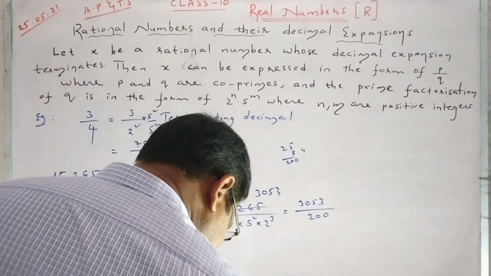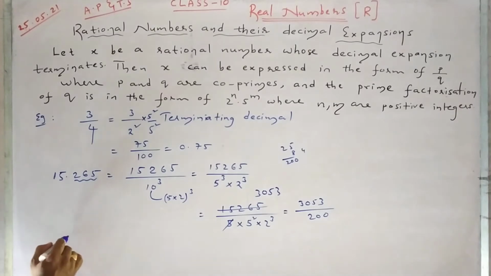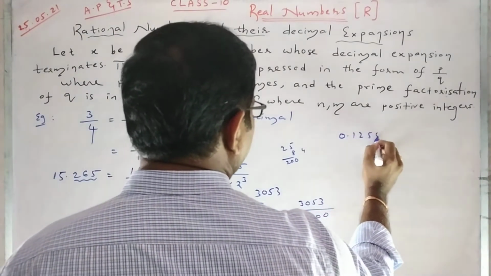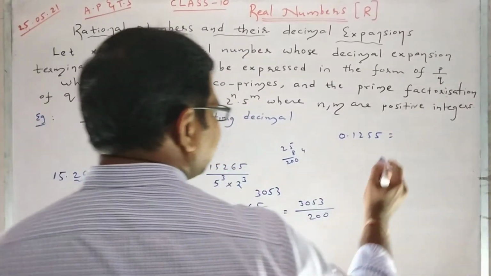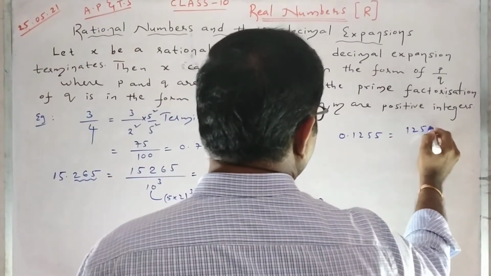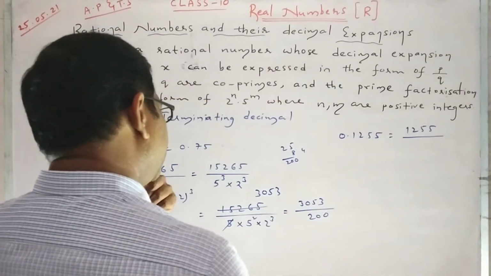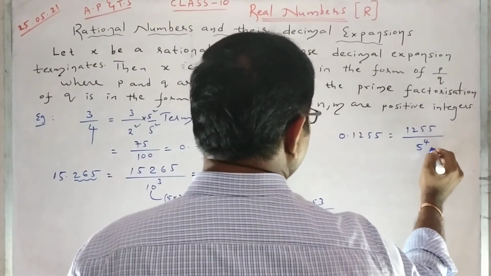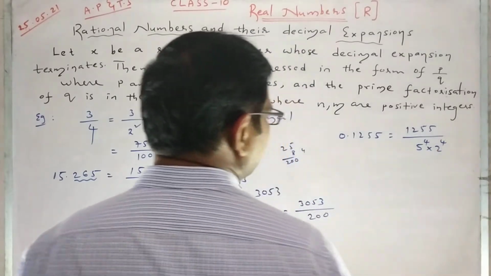Okay. For example, 0.1255. This we can write as, remove the decimal and 1, 2, 3, 4 digits, right? So 10 power 4 we can write. 10 power 4 means 5 power 4, 2 power 4.